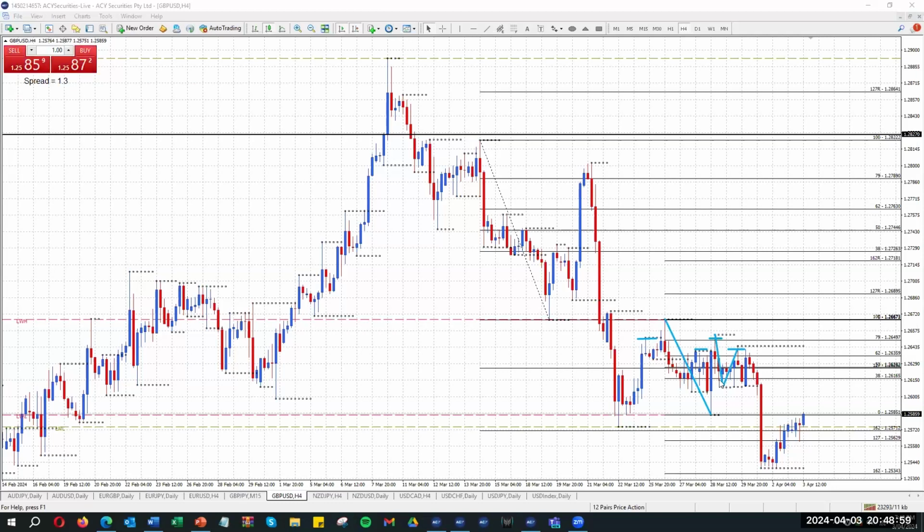All right. And then we obviously come down. There's actually even a smaller 79% retracement here before we come down this way.